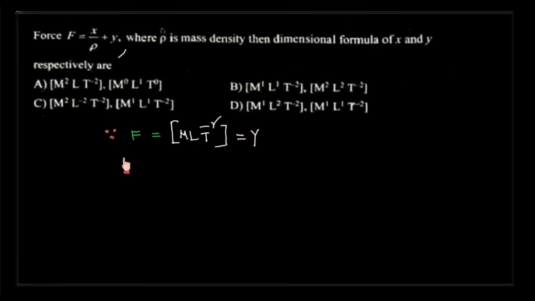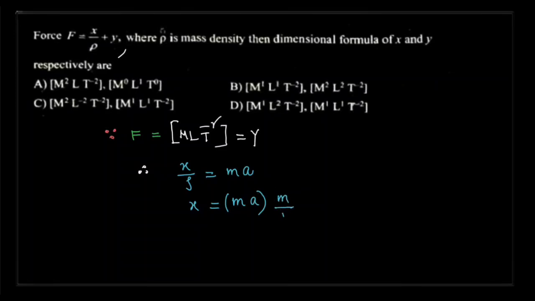Now what are the dimensions of X by rho? X by rho will be equal to force. Force can be written as m into a, right? And X is equal to m into a into density, and density can be written as mass by volume.